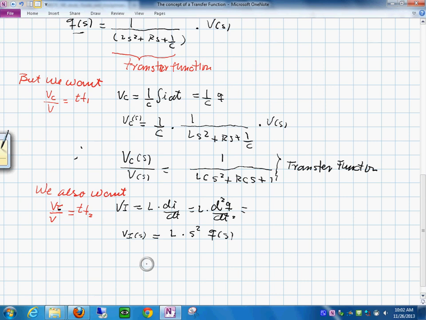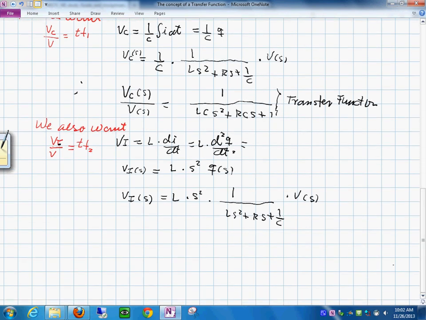So if this is true, you see you have Q of s in here. V sub L of s is going to be equal to L times s squared times Q of s, which is 1 over L s squared plus R s plus 1 over C, and then times V of s.